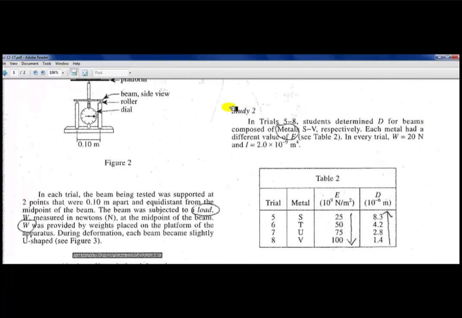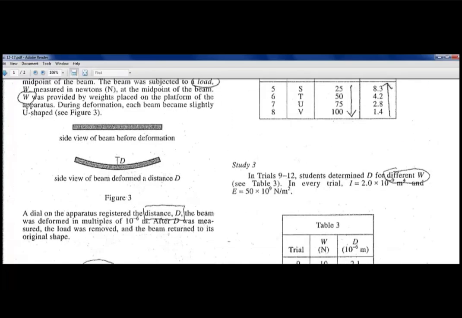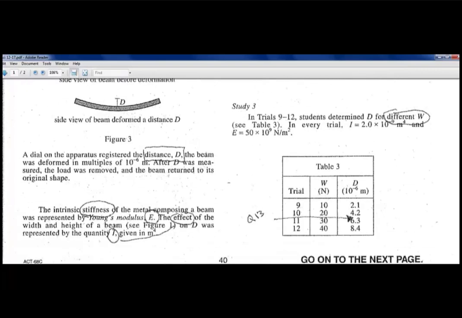Here is study 2, and it tells us that there are various metals, S through V. Now it says in every trial the workload equaled 20 newtons. Let's go on down to study 3 and look for a workload of 20 newtons. You scroll into study 3.